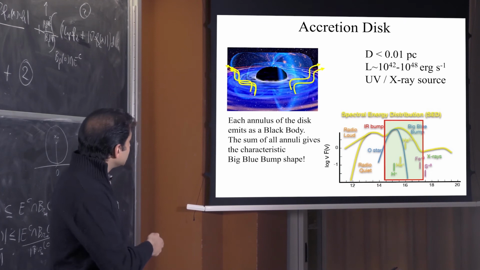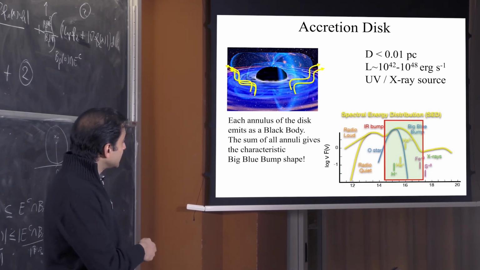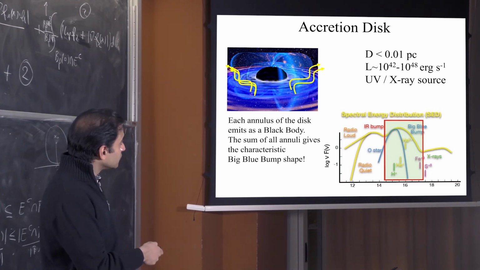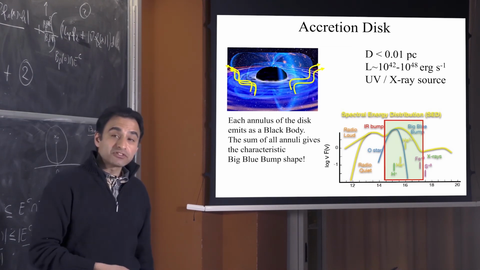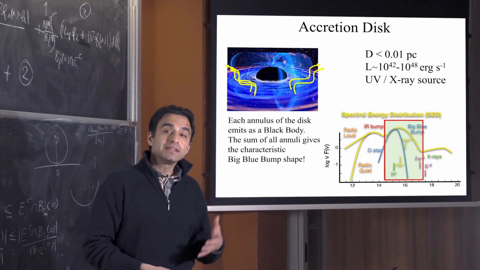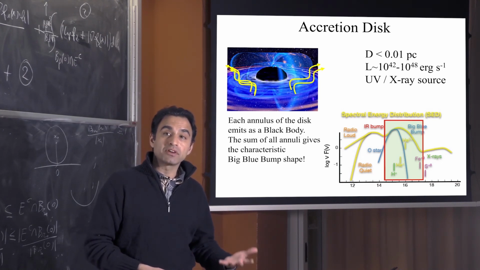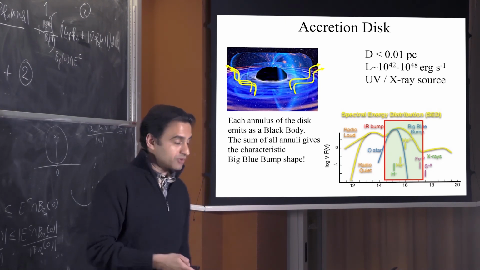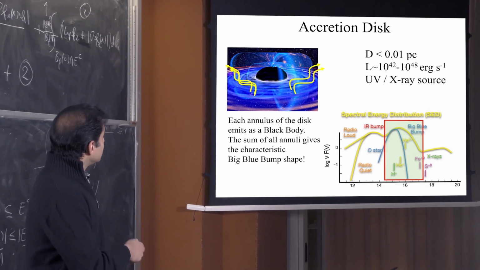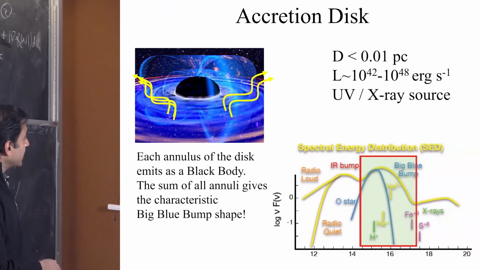There is the origin of this luminosity. This luminosity can be up to 10 to the 42, 10 to the 48 ergs per second. It is sufficient to explain the luminosities coming from quasars, which are extreme luminosities. This accretion disk can explain the so-called big blue bump.